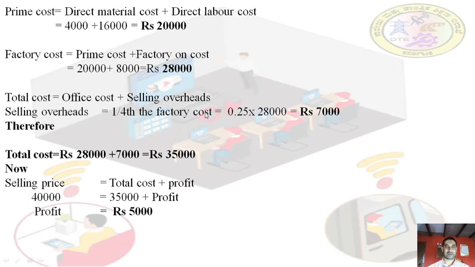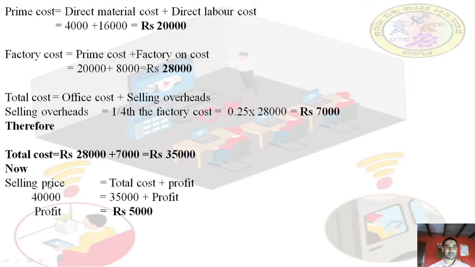We got the factory cost as 28,000. So 1 by 4 is nothing but 0.25, and 0.25 times 28,000 is 7,000. Therefore, 28,000 plus 7,000 equals 35,000. So this is the total cost.